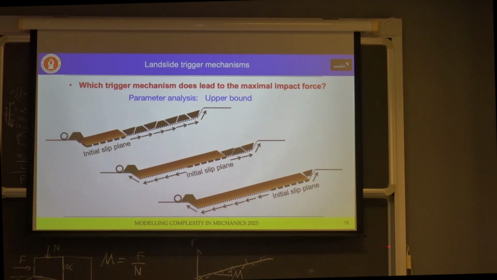So what we can do is perform a parametric study, and simply modify the size, the length, and the location of this initial slip plane and see which one actually brings the largest impact force on the pipeline.